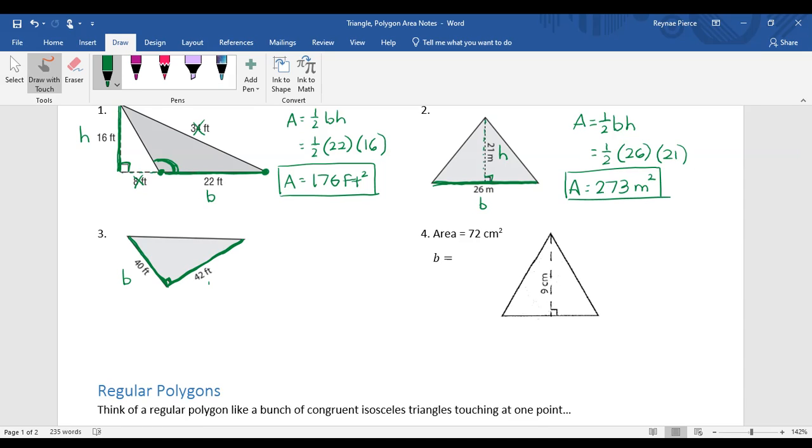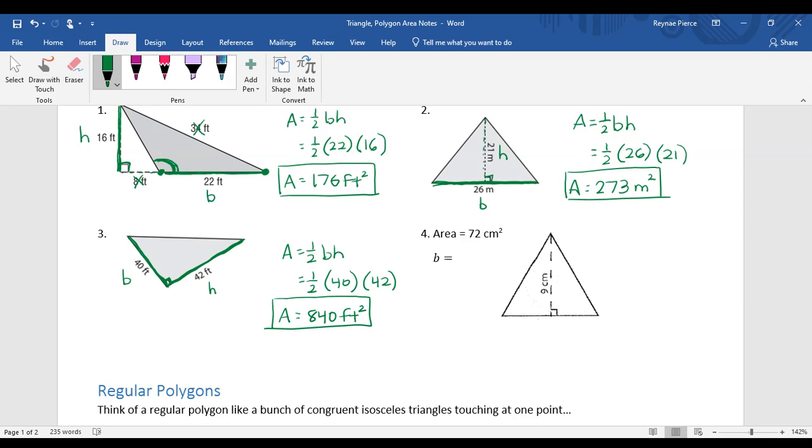At this point they are interchangeable. But we are still going to substitute those two numbers into our equation. And 1/2 times 40 times 42 tells me that the area of this triangle is 840 square feet.